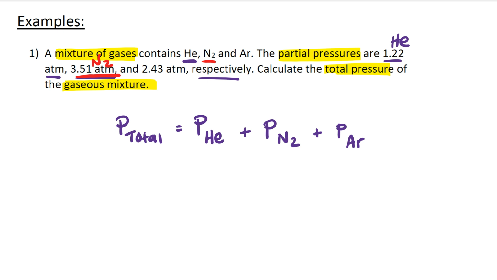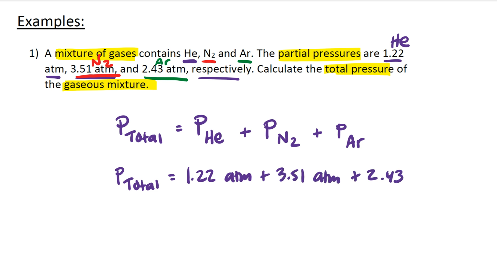And then the third gas is going to be argon, and so that's going to have a partial pressure of 2.43. And so now I plug and chug into our Dalton's law equation. And I add all those pressures together and I'll get the total. We get a total pressure of 7.16 and the unit is going to be atm.